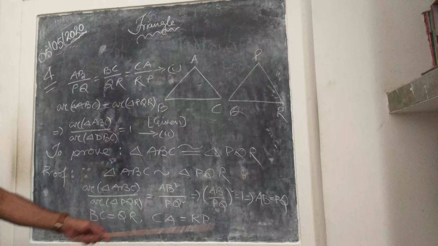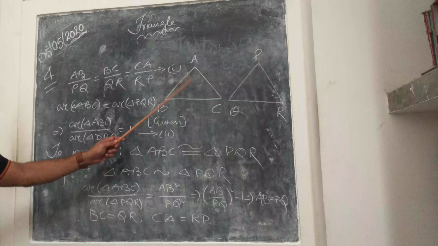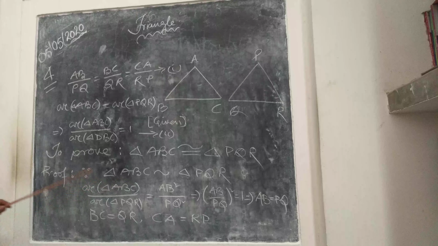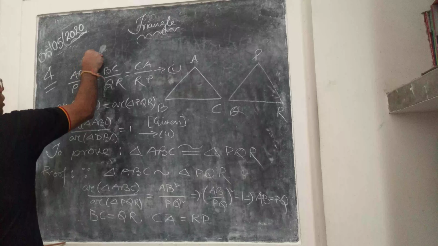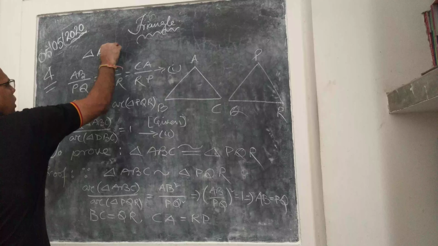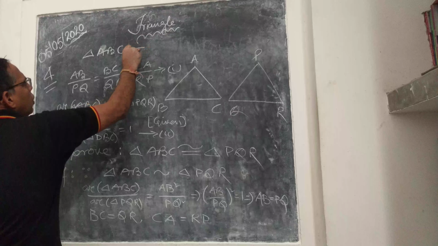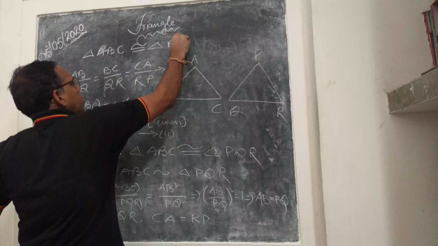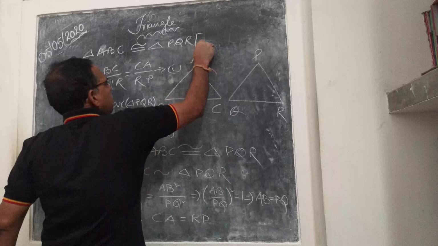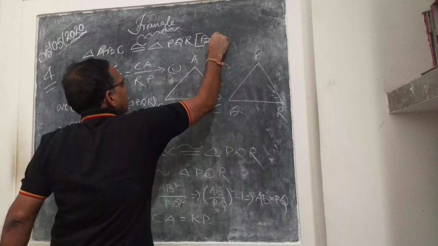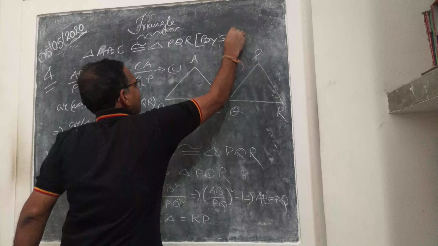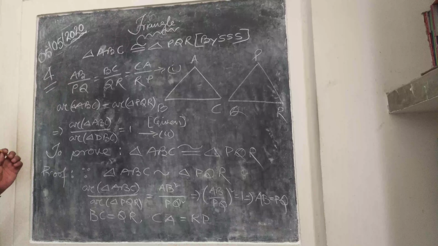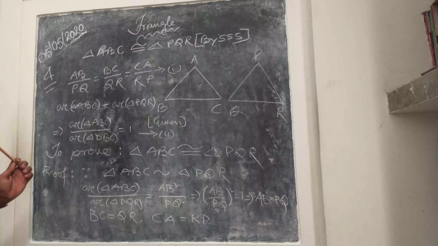Now you see AB equal to PQ, BC equal to QR, CA equal to RP. That means triangle ABC is congruent to triangle PQR by SSS. Right? You have to keep in mind how to prove it.